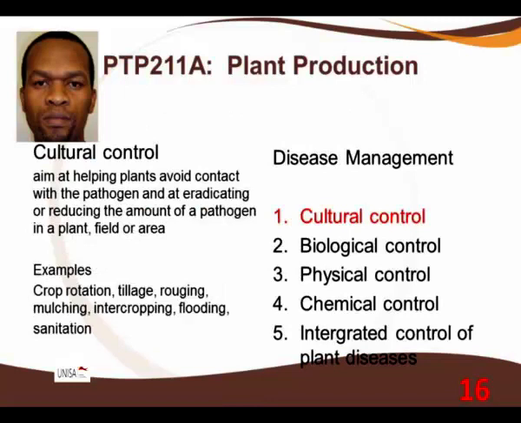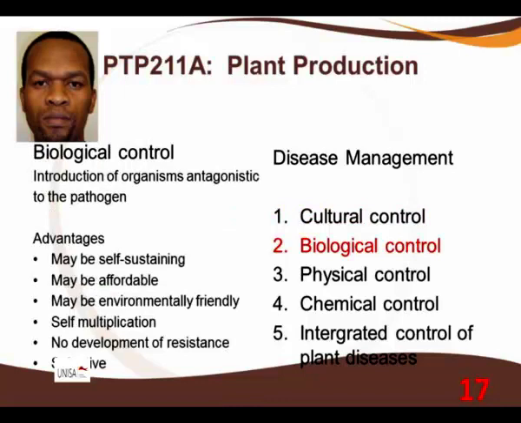Cultural control aims at helping plants avoid contact with a pathogen and at eradicating or reducing the amount of a pathogen in a plant, field, or area. Examples of cultural control are crop rotation, tillage, roguing, mulching, intercropping, flooding, and sanitation.